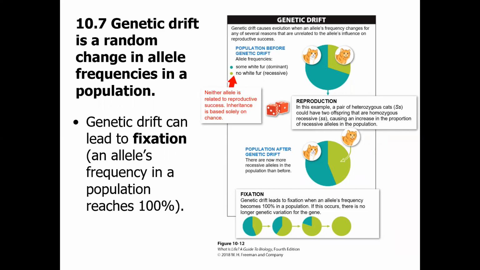And ultimately, genetic drift can lead to fixation, and that's basically when an allele's frequency becomes 100%. So for example, if we had a dominant allele and a recessive allele, and the dominant allele got to 100% of being expressed, so we have no more recessive allele, that's not very good for a population. For any sort of population, you always want to have genetic variation.